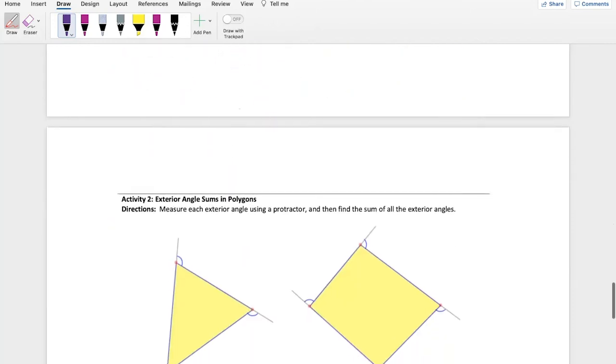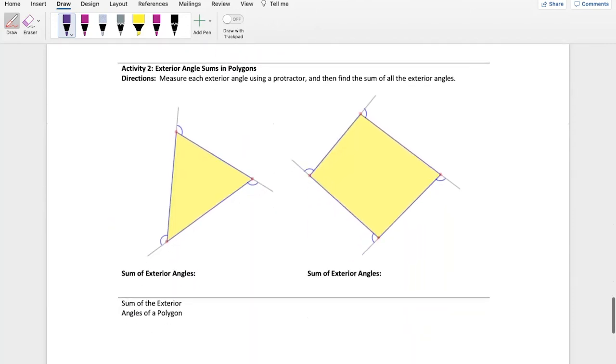Okay, and then lastly, we're going to take a look at the exterior angles in polygons. And we have an exterior angle sum that is the same. So let's just take a look. We're going to measure each exterior angle using a protractor. So you're going to need your protractor out, and then we're going to add up those angles to take a look.